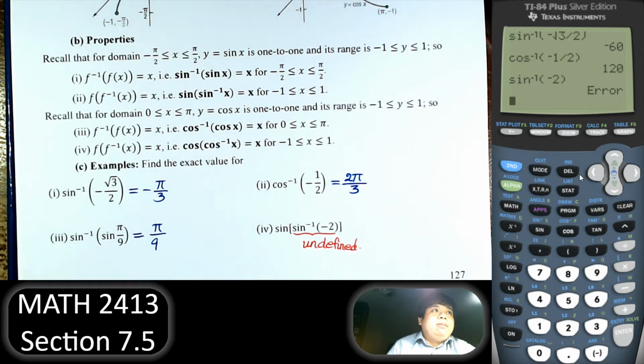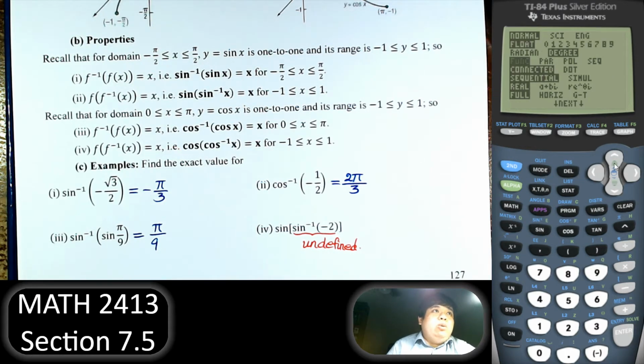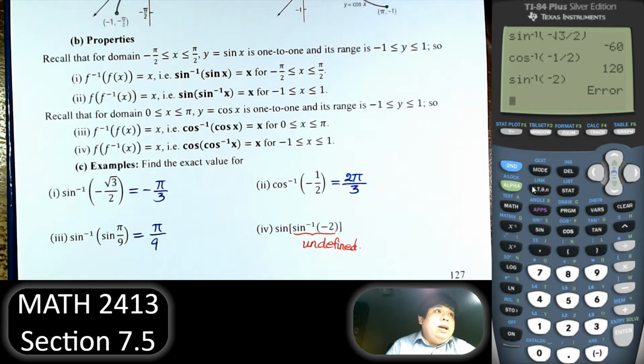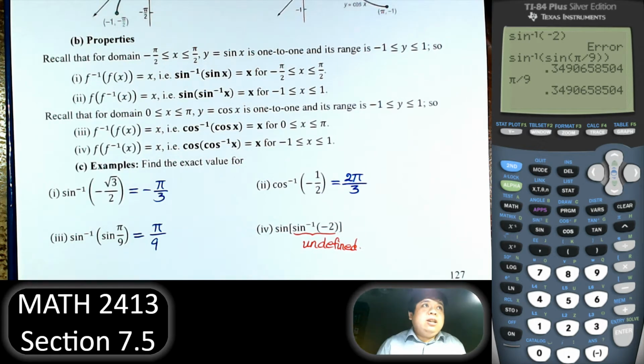Of course, we can check. Make sure this is in radian mode. Then we have sine inverse of sine of pi over 9. How do we know it's correct? Well, take pi divided by 9, and that's exactly what we have. So that's good there.